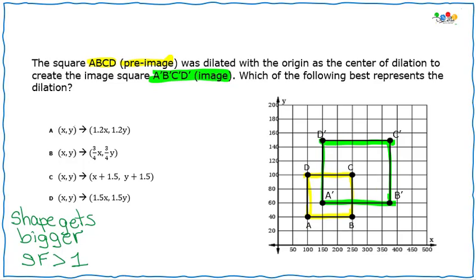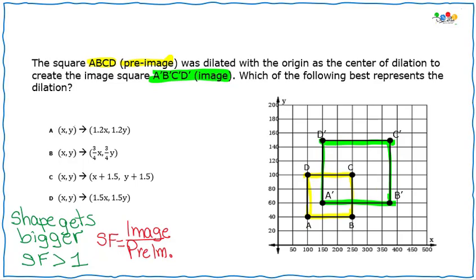Okay, so let's write down how do I find the scale factor. I'm going to write it down right here. The scale factor, I'm going to find it when I compare as a ratio, remember, the image over the pre-image. I didn't write the whole word, but we get it, right?